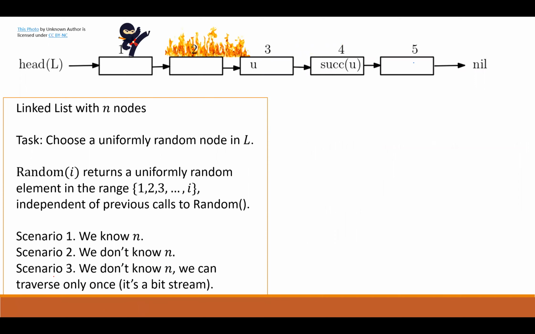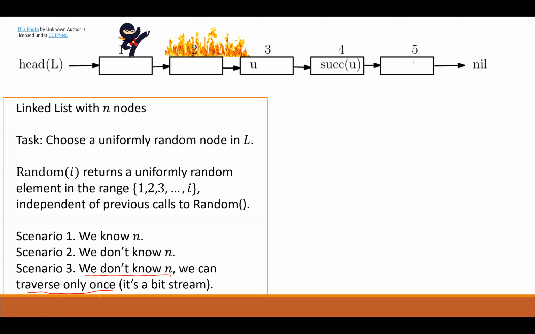But let's say scenario 3, we don't know the value for n. We can traverse it only once. So it's a bit stream, just some stream of information coming. We don't have enough memory to store everything. So we see something, we have enough memory to store one thing.